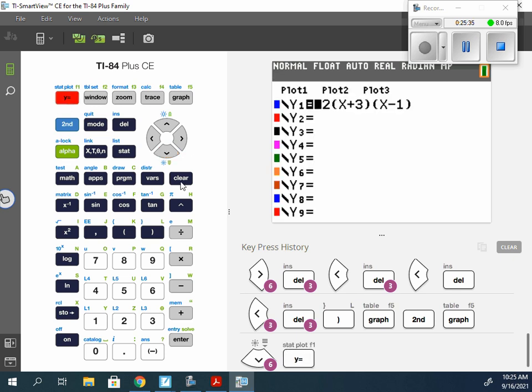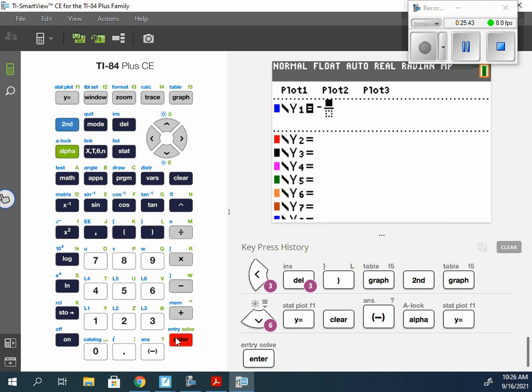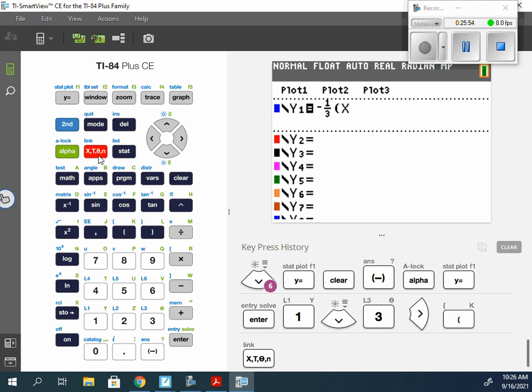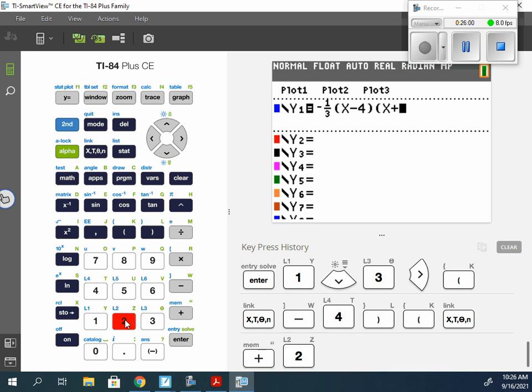Let's look at the next one and see if we can look at it on the graph as well. Now we can say negative alpha y equals enter. I'm just plugging in the negative 1/3 parentheses x minus 4 close parentheses open parentheses x plus 2.